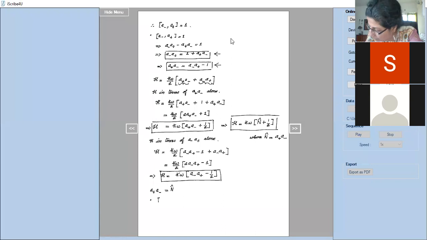We need to find out the commutator between H and A minus. So what is this now?